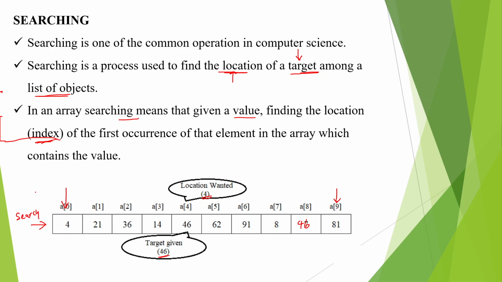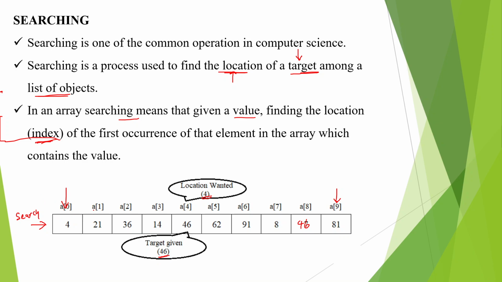If it is linear sequential search, we always start the searching process from the 0th index. In binary search we follow a different approach, which we will discuss later. For now, simply remember, in linear sequential search, we start from the 0th index.